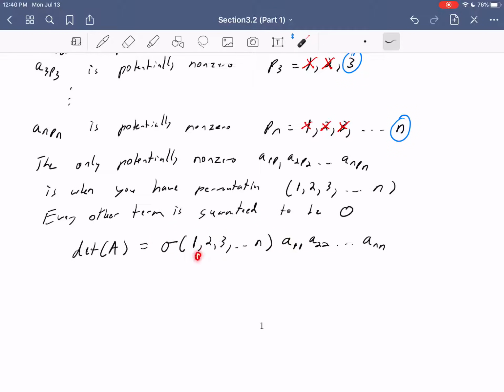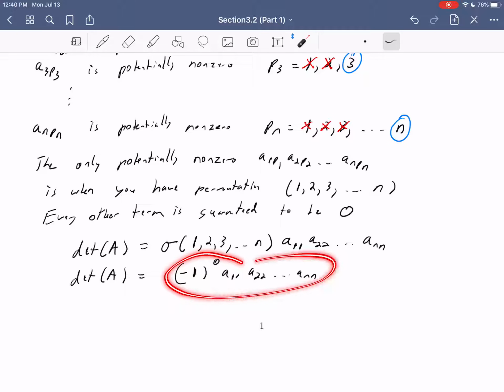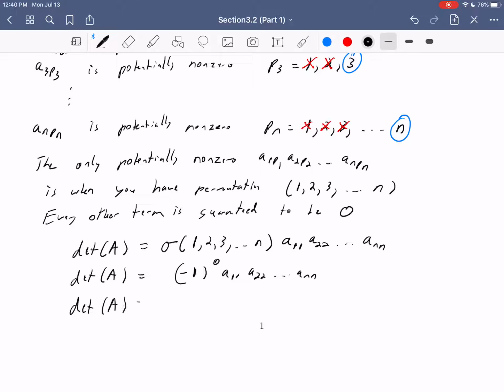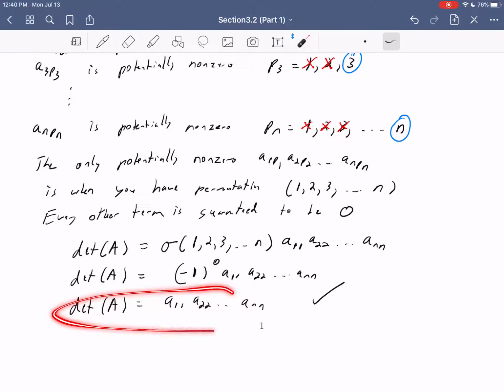Well, this is the natural order, meaning there are no inversions. So this means that the determinant of A is -1 to the 0, A11, A22, down to ANN. So -1 to the 0, you can just think 0 is an even number. You could say anything to the 0th power is 1. So we get the determinant of A is A11, A22, down to ANN. Check. And that's exactly what we wanted to prove.